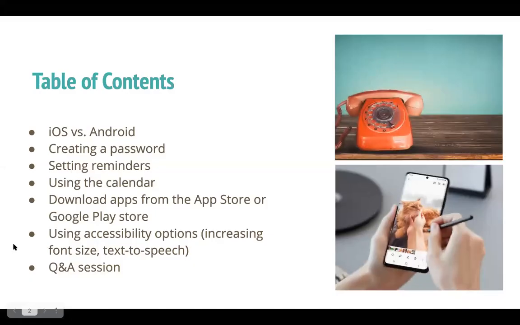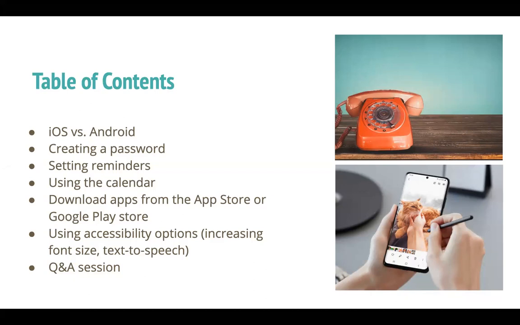So this is just an overview of what we'll be talking about, but it's not an extensive list. There's a lot of other things that you can do with your phone, but these are the most common things that people do. First we'll talk about the difference between iOS and Android. Then for all of the other tools, we'll show how to do them on an iOS device and then on an Android.